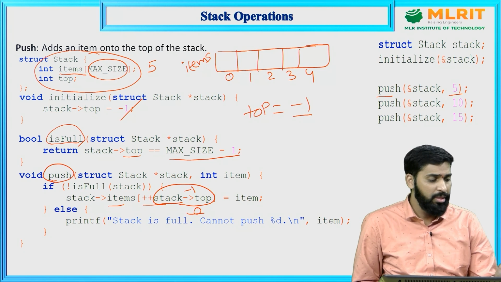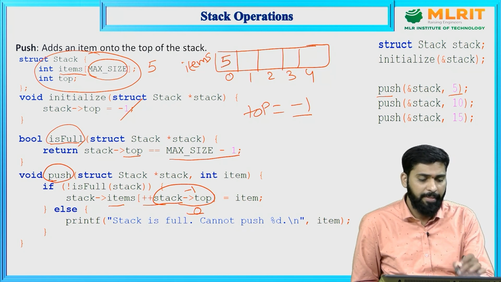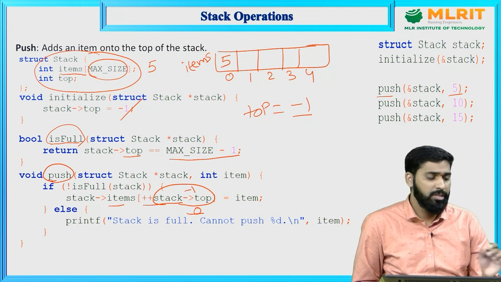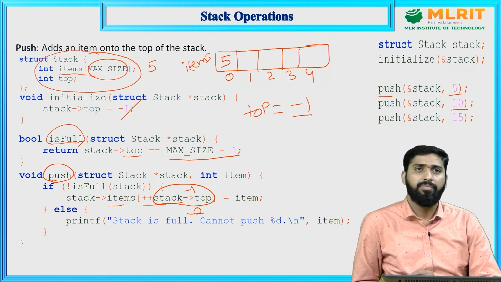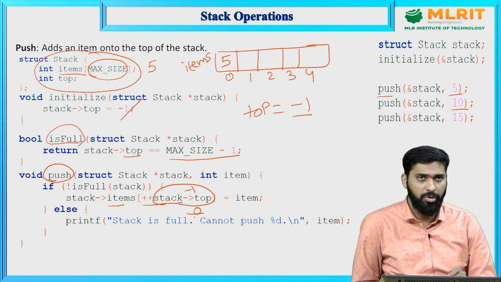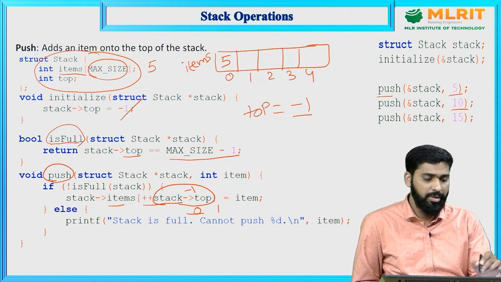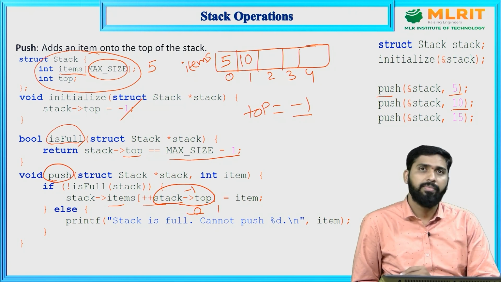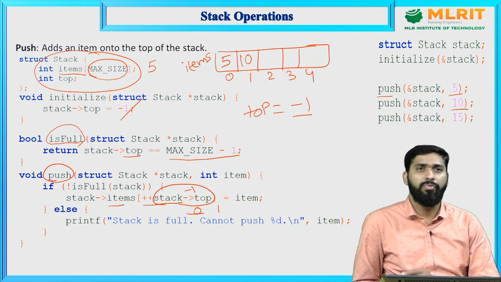Now the 5 is inserted here. In the next call I push 10. What is the top value now? 0 plus 1 becomes 1, items of 1, and we insert 10. So, this is the code for pushing an element into the stack.